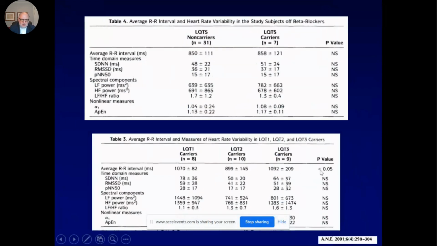We also looked at people who were off beta blockers, which were fewer among the LQ2 carriers, and the sample size was small, but there was no difference here. We also looked at very small numbers at the bottom for LQ1, 2, and 3, and we could not find a difference at that time.